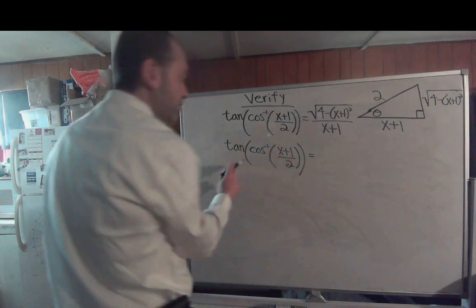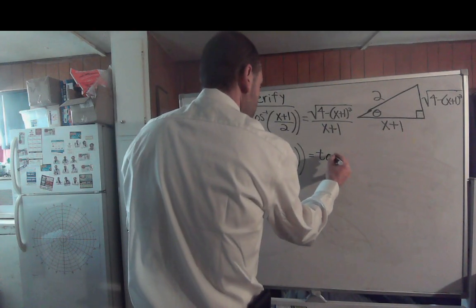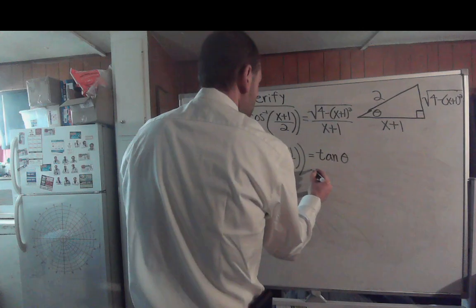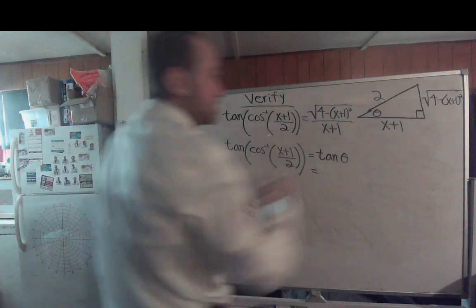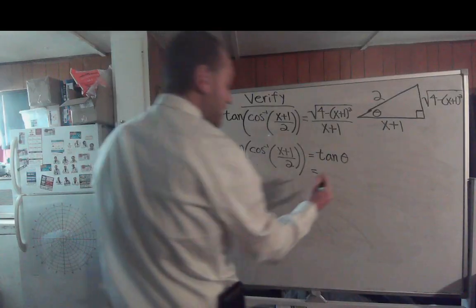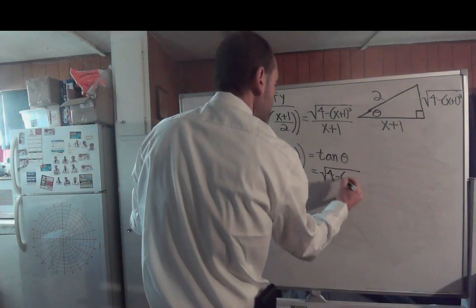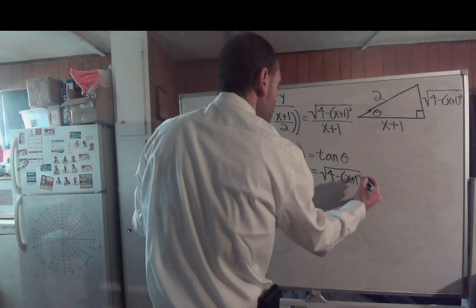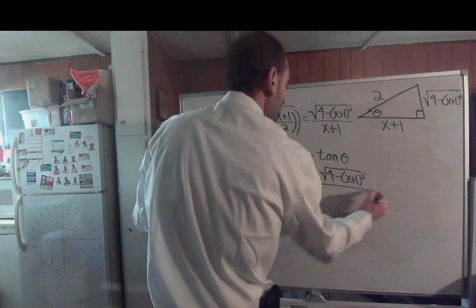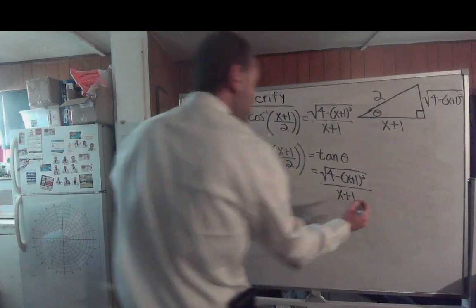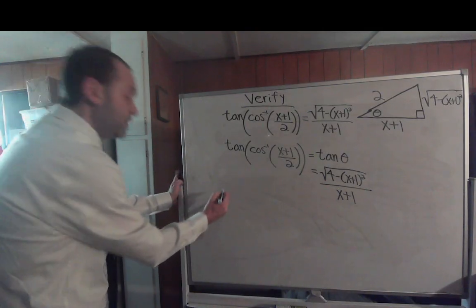So this can be rewritten simply as the tangent of theta. Now we can just find the tangent, which is opposite over adjacent. That's going to give you the square root of 4 minus the quantity (x plus 1) squared, all over that x plus 1. So we just verified the identity.